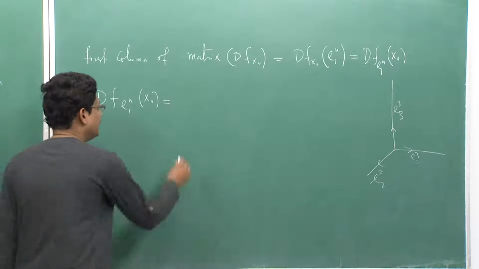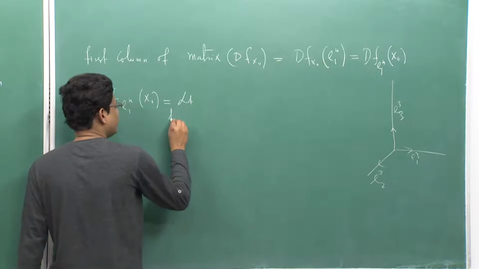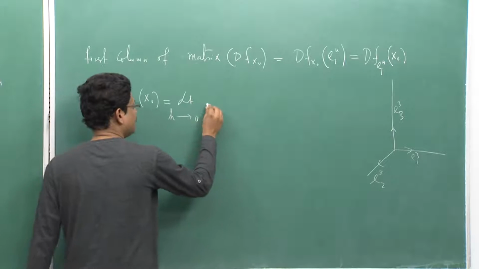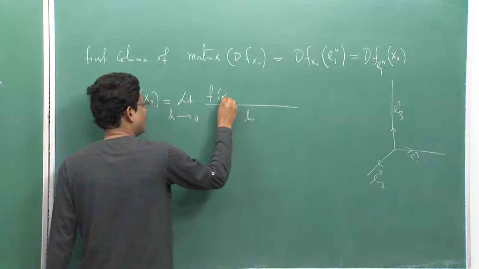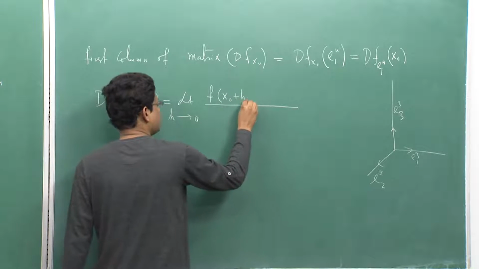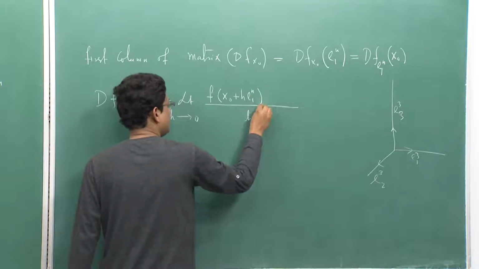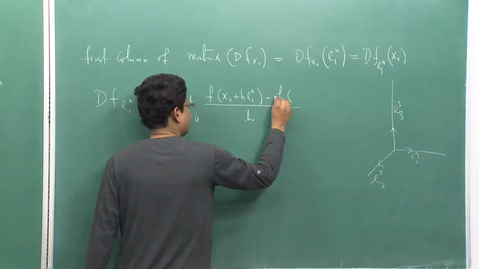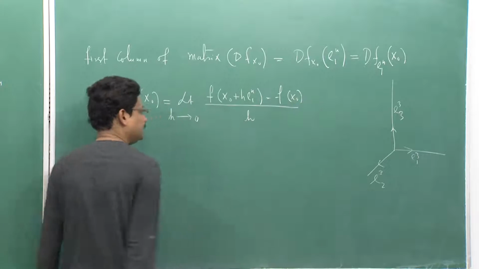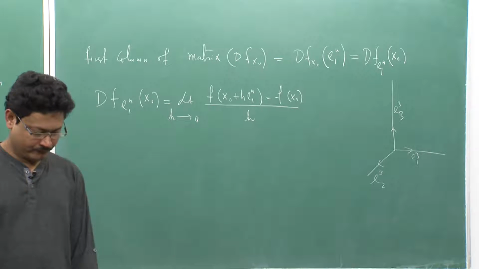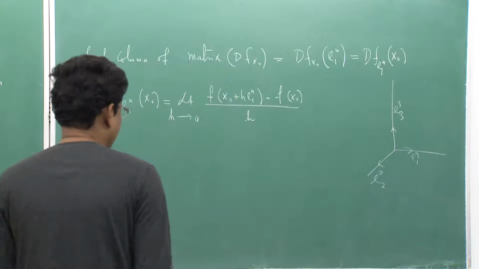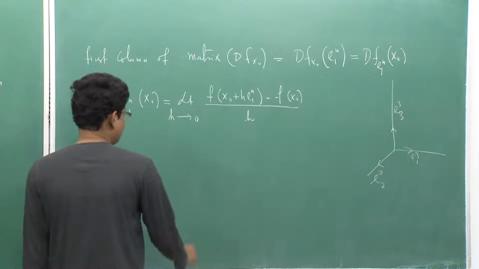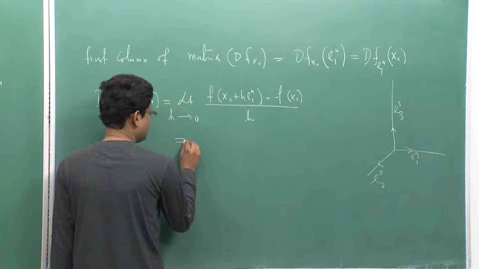This is the limit h going to 0 of f of x naught plus h e1 n minus f of x naught, divided by h. We denote it by some special notation.